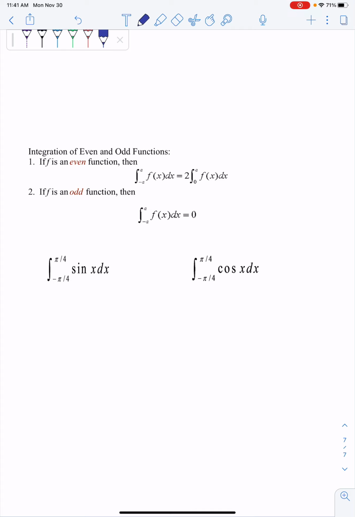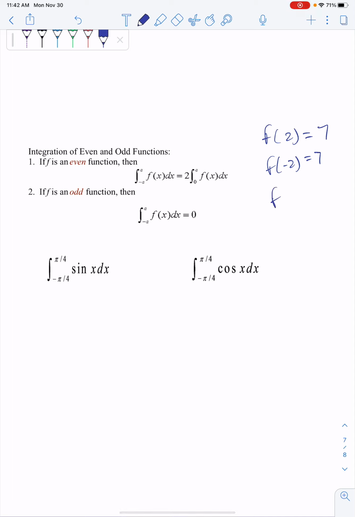Okay, so bottom line, an even function, if you don't remember what an even function is, means that if I were to take f of 2 and get some answer, let's say it's 7, then f of negative 2 would also equal 7.